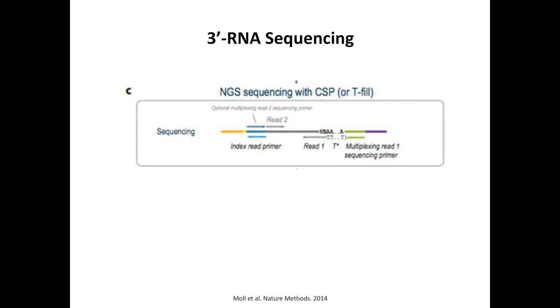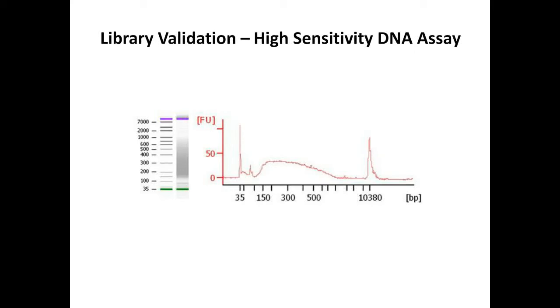So first we check the quality of libraries. This is before sequencing actually, which is also an important point to consider because the amount of cDNA is much lower than what you get from the conventional RNA-seq method. So you need to use a high sensitivity DNA assay. If you use a typical DNA assay, it would not be detected.